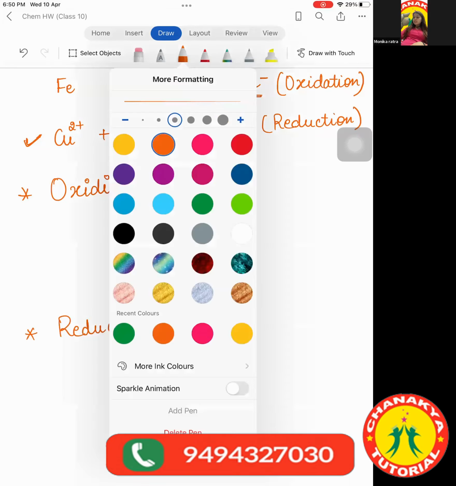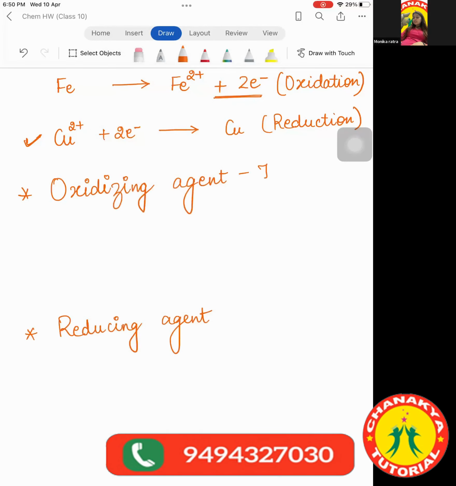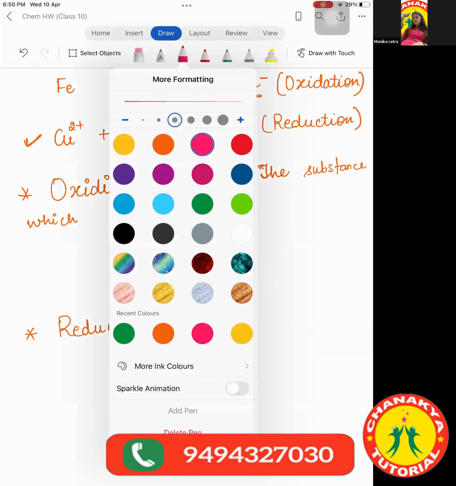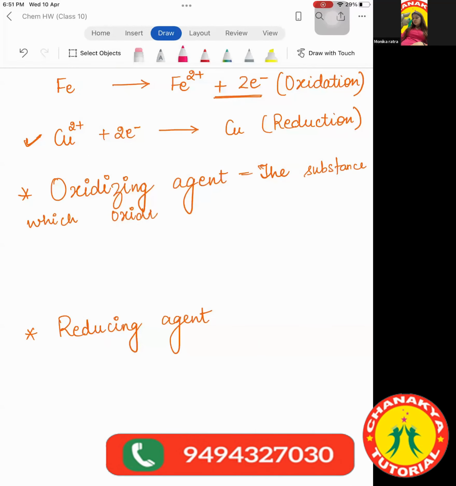So what is an oxidizing agent? It is the substance which oxidizes other substance and itself gets reduced.